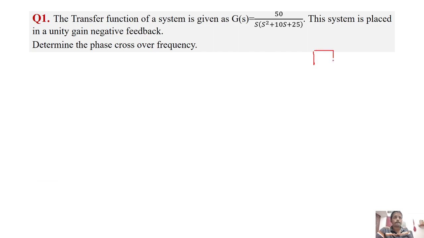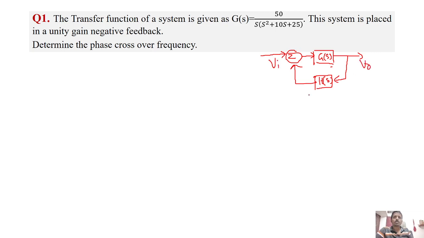We have a feedback system, that is a negative feedback system. Let H of s be the feedback. This is V in and this is V out.